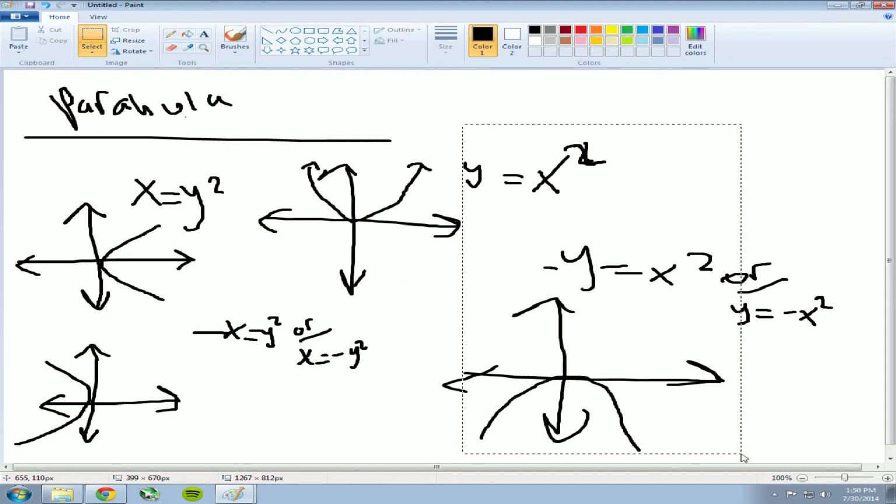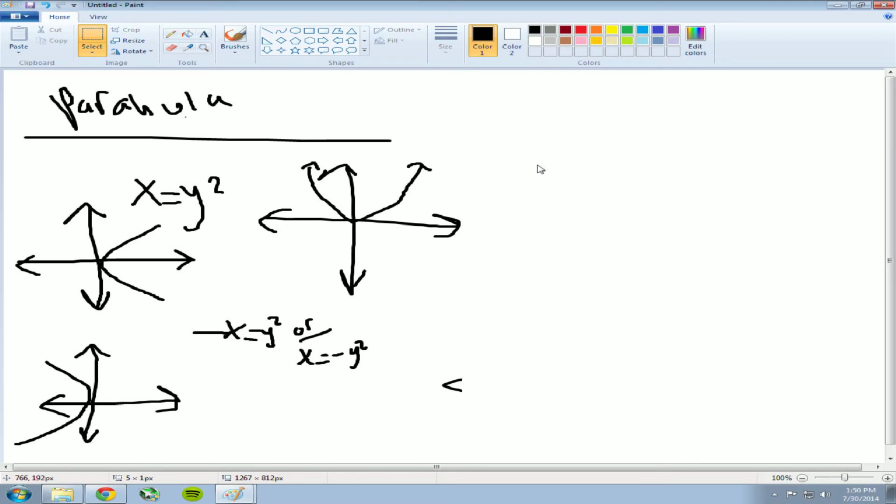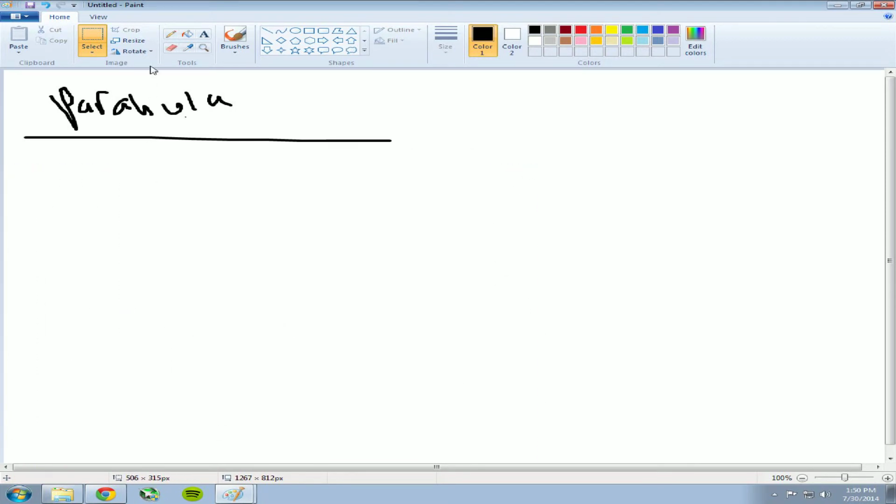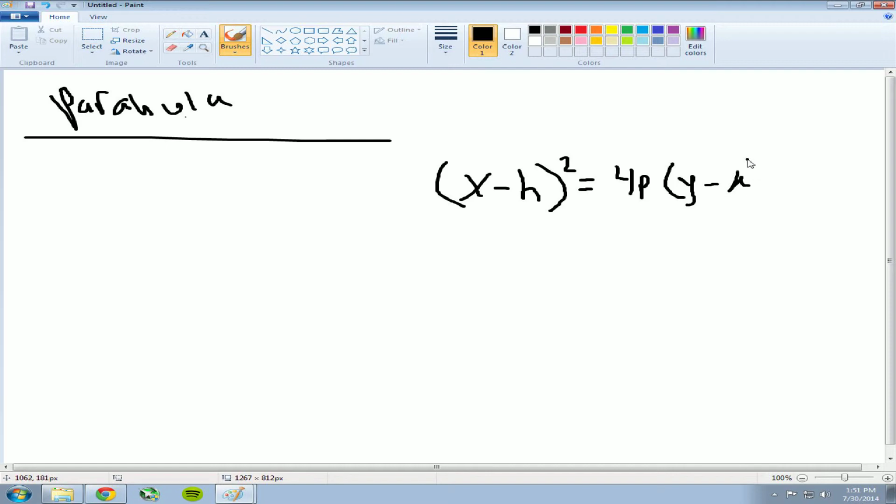So now that we kind of understand what a parabola is, we're going to talk about the actual formula of it. The actual formula of a parabola is this: x minus h squared equals 4p times y minus k. A couple things to note.